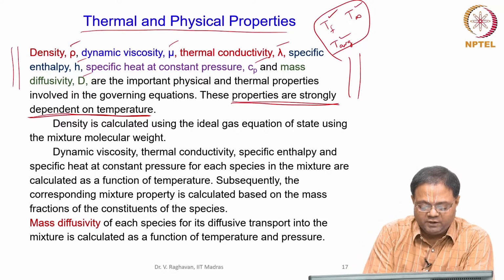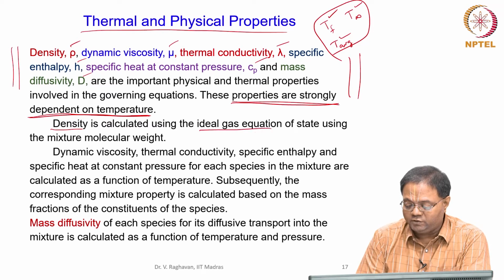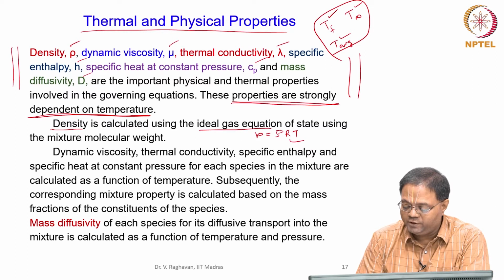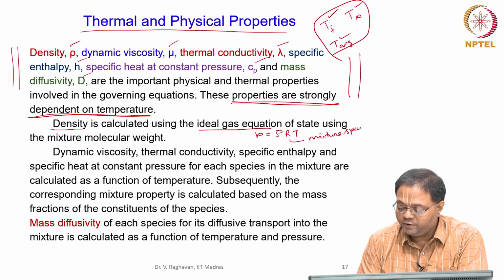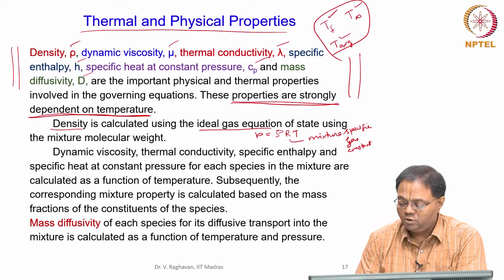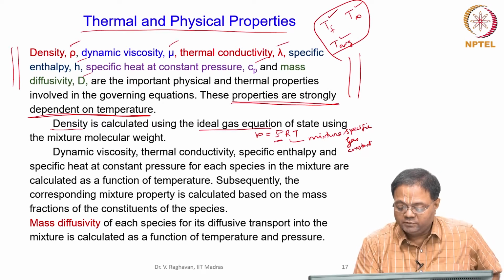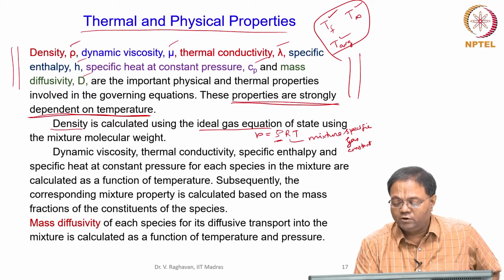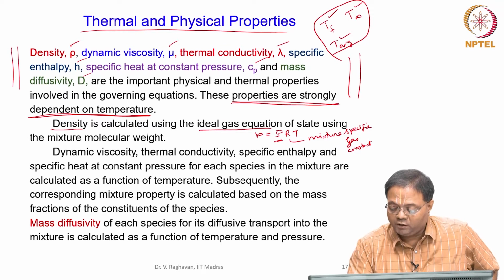So, for density, as I told you, use the ideal gas equation of state. So, P equal to rho R T. Here R is the mixture specific gas constant. The pressure and temperature are known. So, R will be equal to R_u divided by the molecular weight of the mixture.